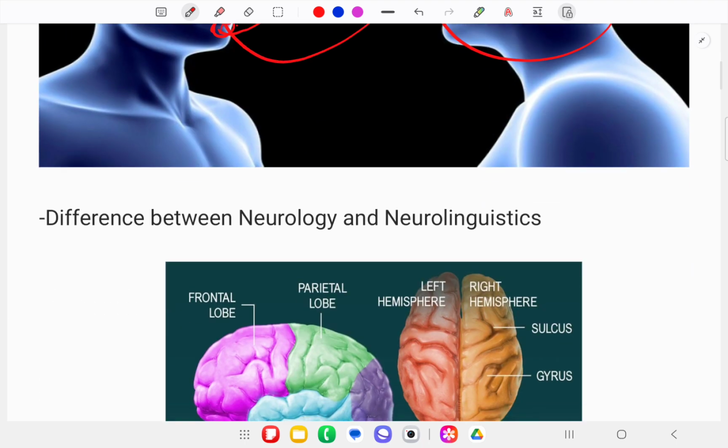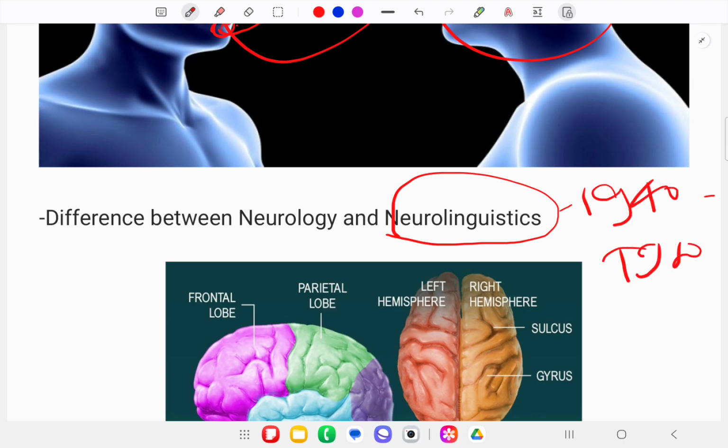Next, a question asked many times by students: what are the differences between neurology and neurolinguistics? Actually, the term neurolinguistics came after 1940 to 1950. Before it, we had only neurology, but after 1940 to 1950, we had a new term, neurolinguistics.